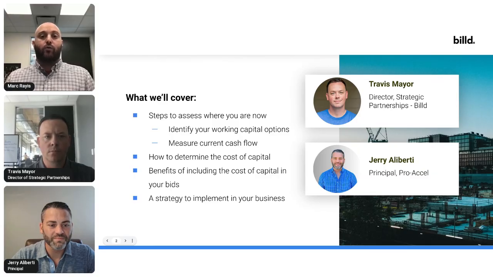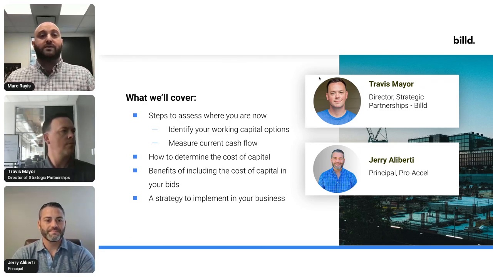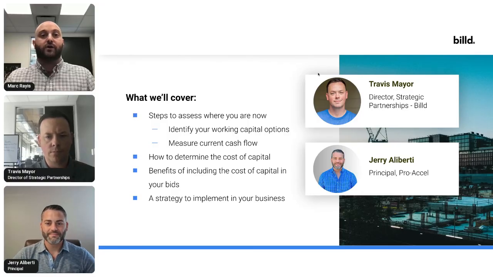And from there, we're going to help you determine the cost of capital for each working capital option at your disposal. There's a cost to using each one of these, including just your cash. And then we'll share the benefits of including the cost of working capital into your bids. Lastly, we're going to outline a strategy for how you can implement this process into your business. With all that being said, I'm going to go ahead and hand it off to Travis to kick us off.